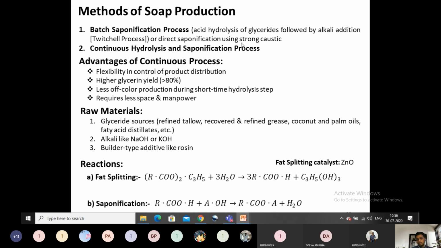Many people are using this direct saponification process to manufacture soap, in which there is no separation of glycerin. Together with soap, glycerin also will be there in those types of soaps.